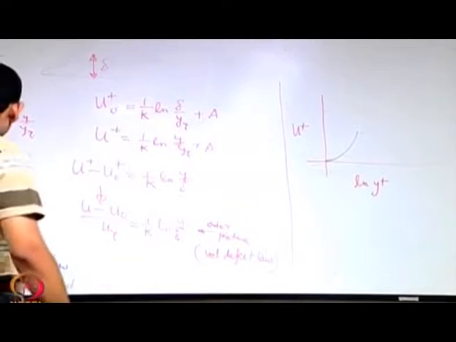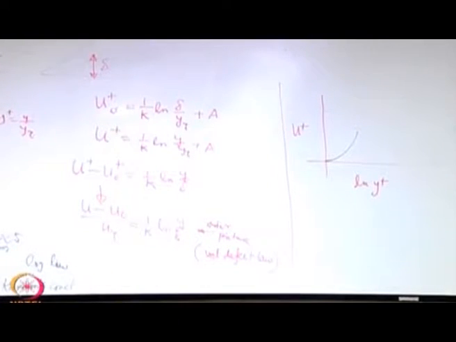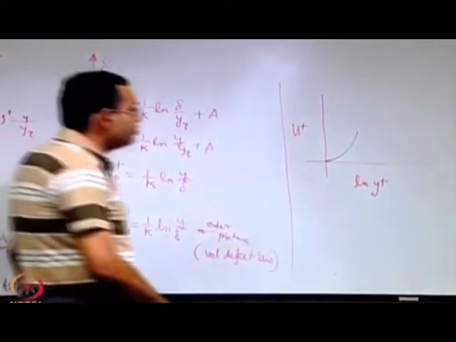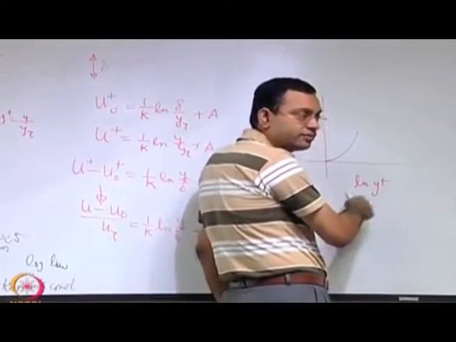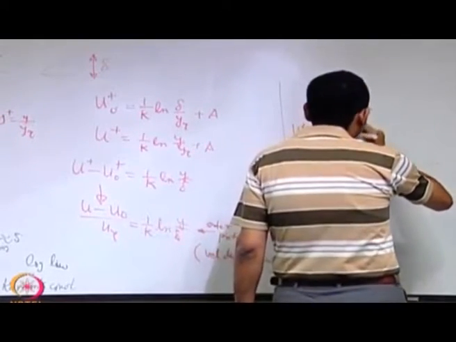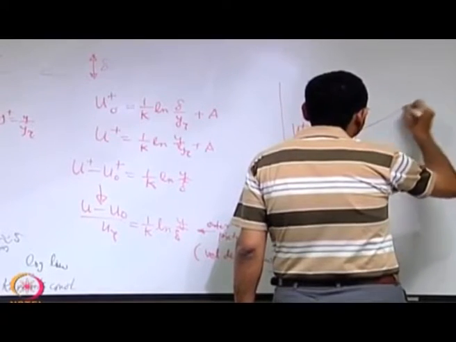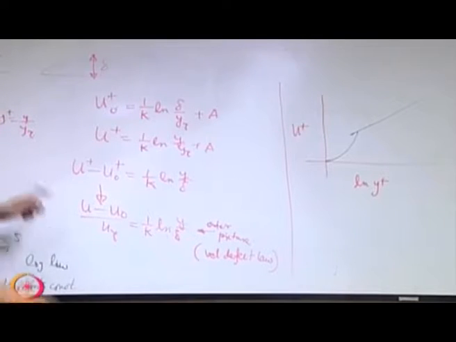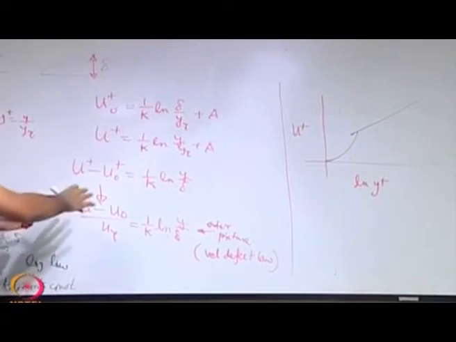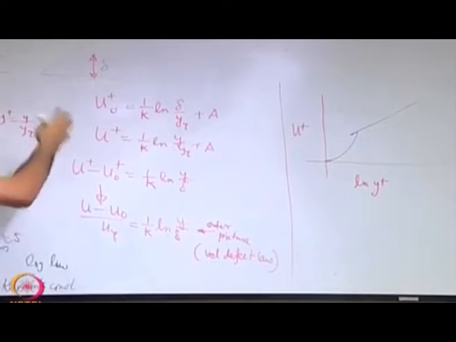Then somewhat away from the wall you have u plus equal to 1 by k ln y plus plus a. So, somewhat away from the wall u plus versus ln y plus will look like a straight line. So, let us say that straight line is this one. So, these are the two important derived quantities from this physical model, or from this simplistic model.